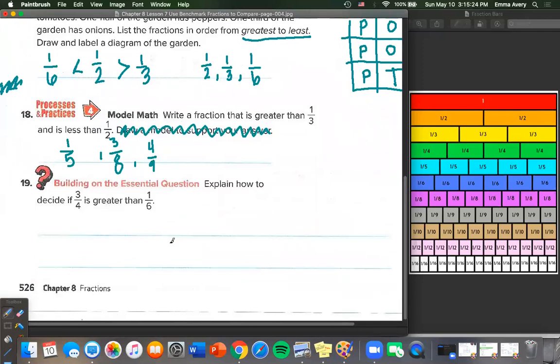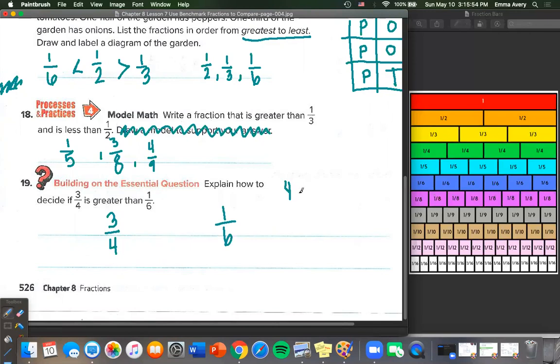Okay, now explain how to decide if 3/4 is greater than 1/6. Well, first we could use our number line. We can see that 1/6 is over here and 3/4 is over here. Or we could use a benchmark fraction. We could have 1/2 right here and see again that 1/6 is smaller and 3/4 is bigger. Or we could find our least common multiple.